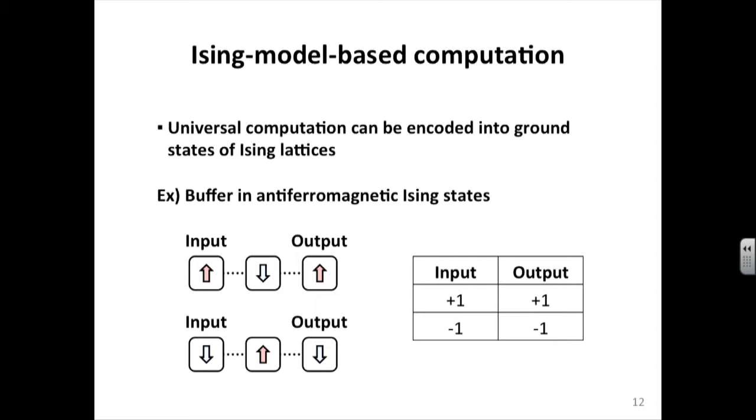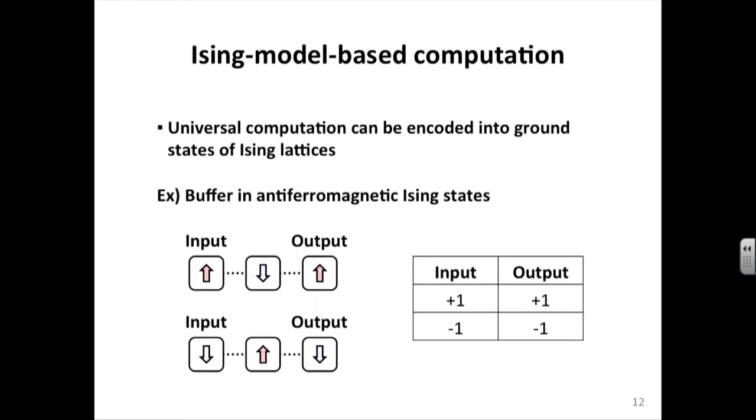For example, a buffer can be constructed in antiferromagnetic Ising states by simply connecting 3 Ising states. If the input is fixed to +1 or upspin, the output in minimum Hamiltonian configuration is also set to +1. If the input is set to -1 or downspin, the output is also set to -1. So this design acts as a buffer.